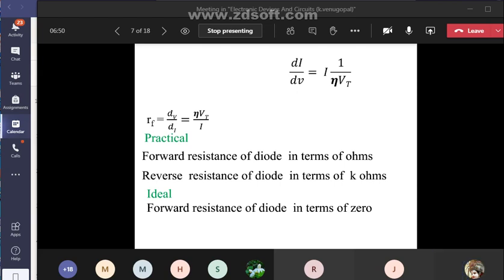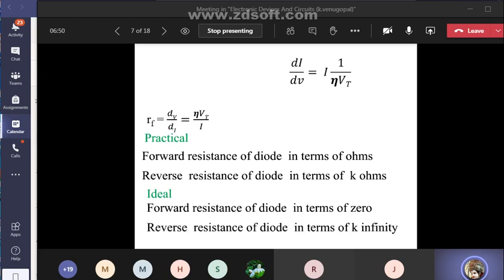The forward resistance of a diode is in terms of ohms, and the reverse resistance of a diode is in terms of kilo ohms. These are the practical values. If you see the ideal values, the forward resistance is 0 and the reverse resistance is infinity.